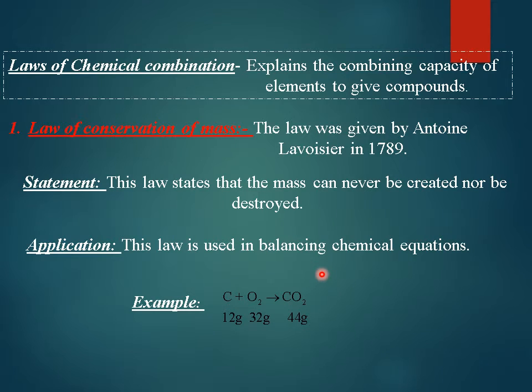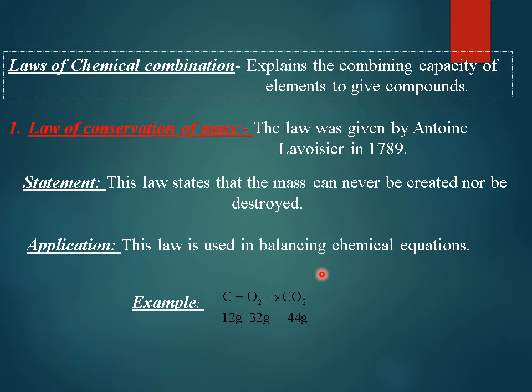Thus, every chemical reaction, when we balance it, why do we balance it? Because it has to follow the law of conservation of mass. Every chemical reaction always follows the law of conservation of mass. This is what Antoine Lavoisier said in 1789.